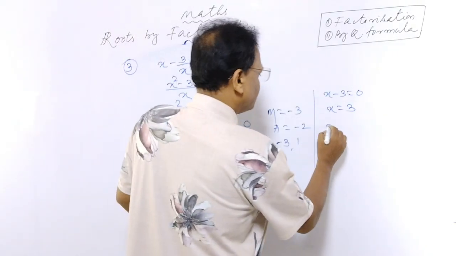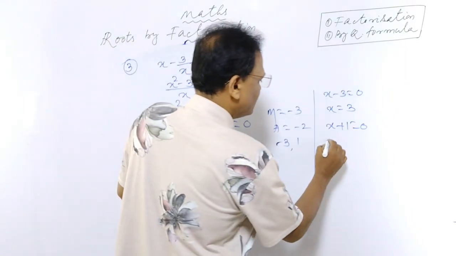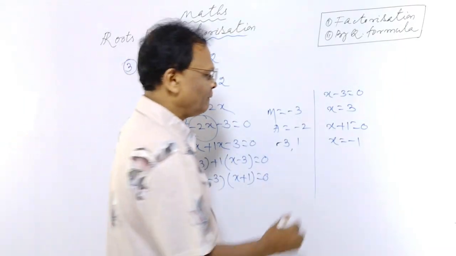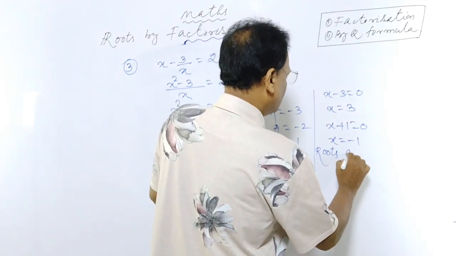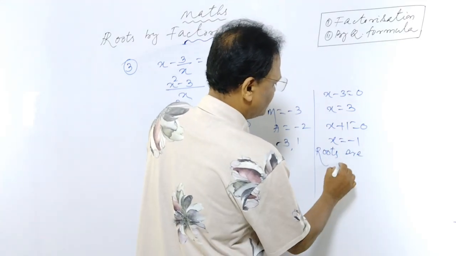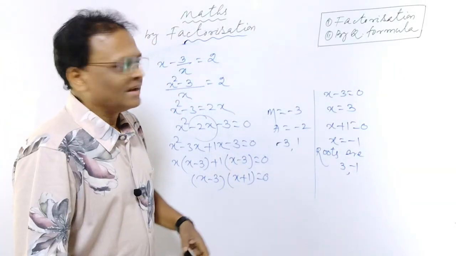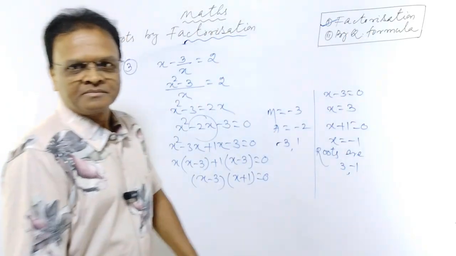Further, x plus 1 equals 0, that means x is equal to minus 1. So what are the roots I got just now? The roots are 3 and minus 1. I hope you are getting this method. So by factorization method, it's over.